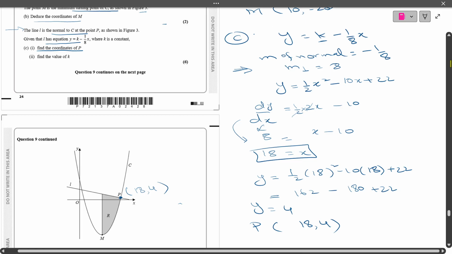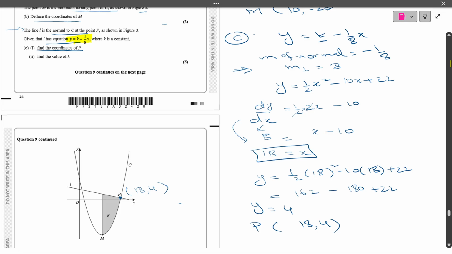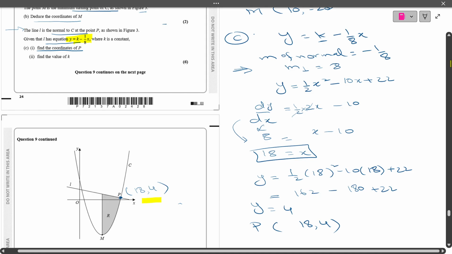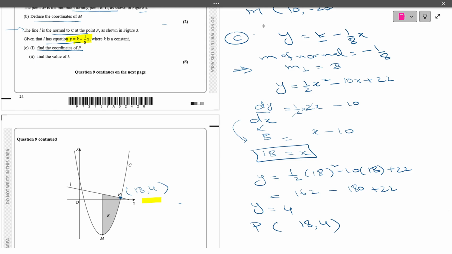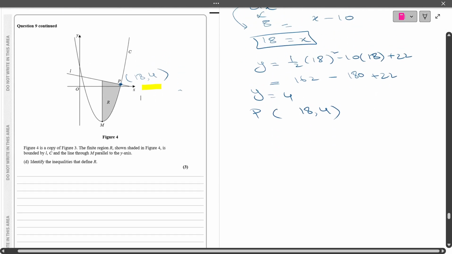Let me get a highlighter. So this is the equation of a straight line, and it also touches the curve at P, and P has the coordinate 18 and 4. So I can substitute the values to get to know what is k.